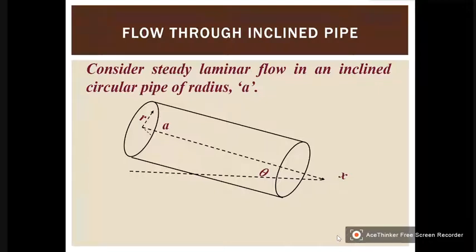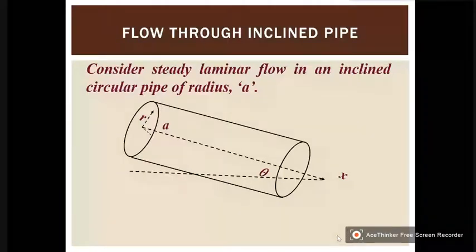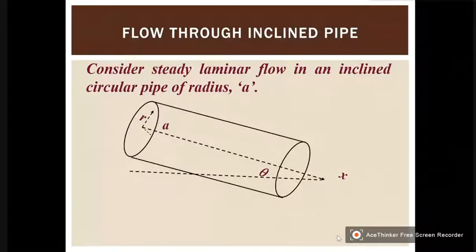Why I have taken this problem as an inclined pipe is that this will be a general case. If the pipe is horizontal, then automatically we can reduce the general equation to the specific case. Now the pipe is making an angle theta with the horizontal.